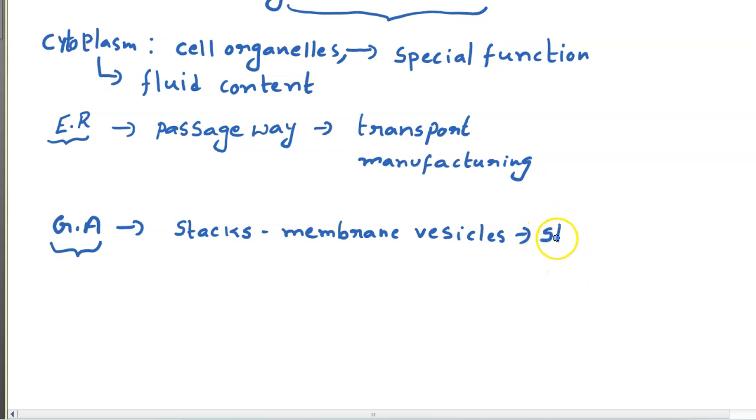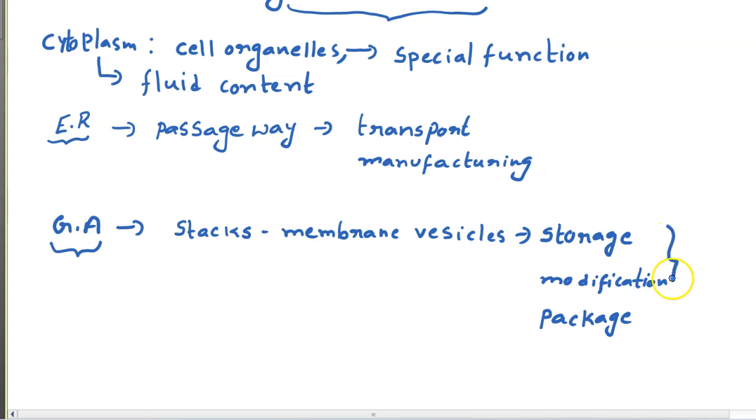The major function of Golgi apparatus is storage, modification and packaging of the components synthesized within the cell, that are manufactured within the cell. Those are stored, modified and packed by the Golgi apparatus.